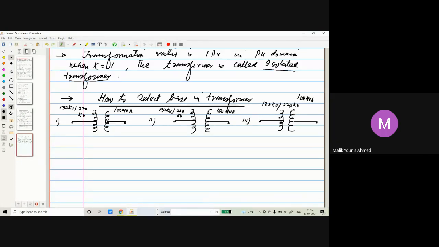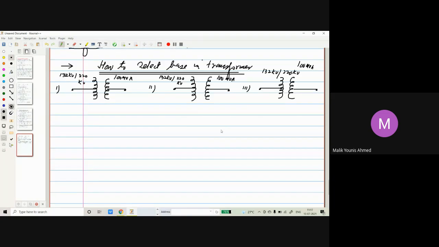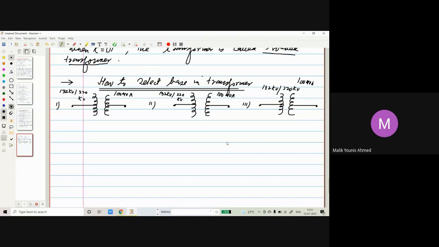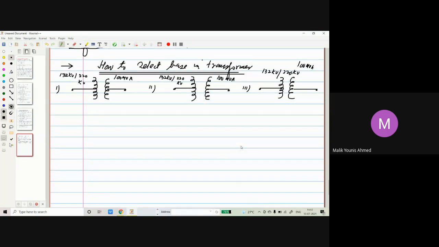Selection of base value is an independent phenomenon. You can choose a base value, but overall actual values should not change. Per unit values can change, can be modified, but actual values should not change. So I will make first thing, selection of base values is an independent phenomenon.